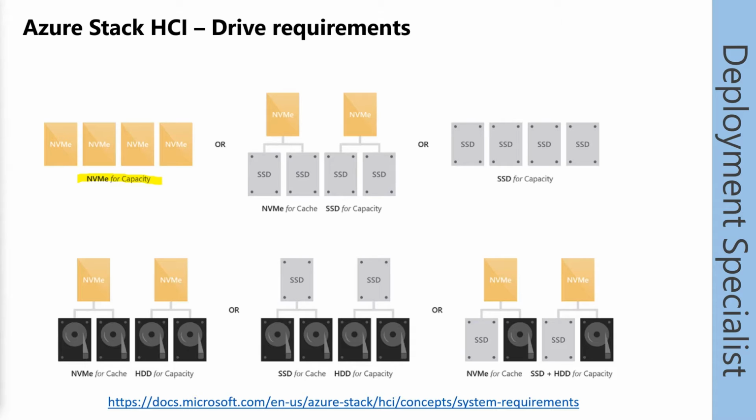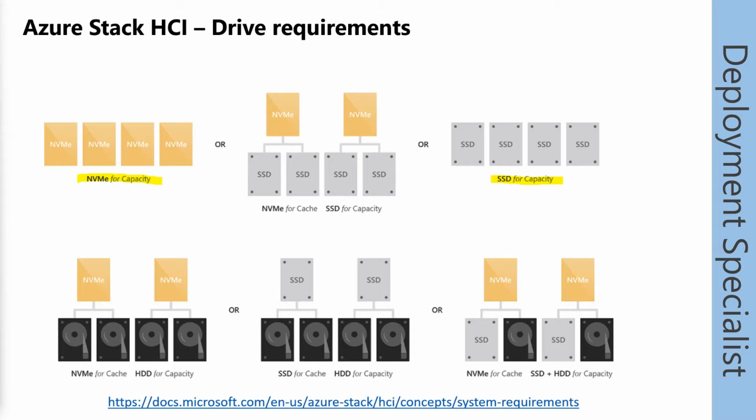Maybe a bit cheaper in the configuration is a SSD for capacity, where we use only SSD drives, and the SSD drives will provide the complete capacity as storage capacity. No storage capacity is used for cache.